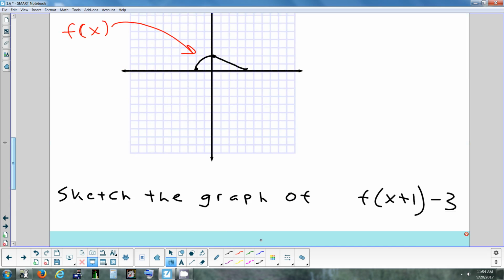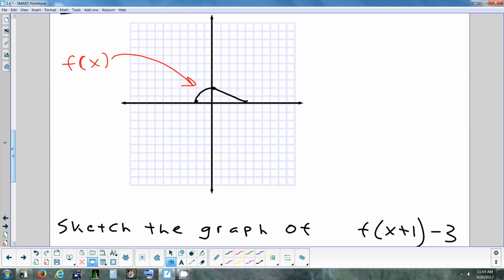Can someone tell me what the plus 1 is going to do? Yeah? You're going to move it left 1. So all you would do, if that's your picture, just take and slide it left 1, like this, and draw it again. That's the first transformation, but that's not the final answer.